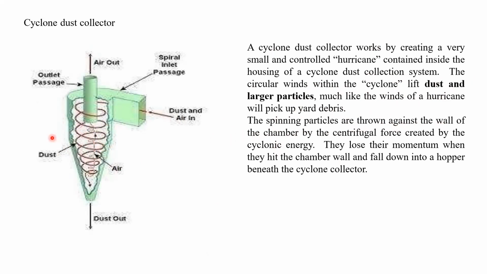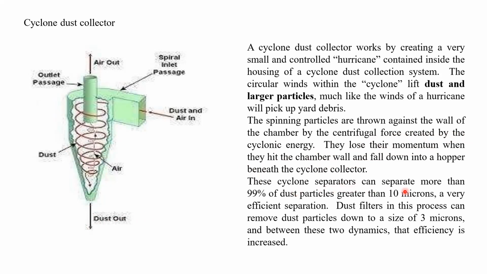Heavier particles, due to the centrifugal force, go away from the center and are collected at the wall surfaces, and they lose their momentum when they hit the chamber wall and fall down. Due to their weight, they are collected in the form of dust beneath the cyclone collector.